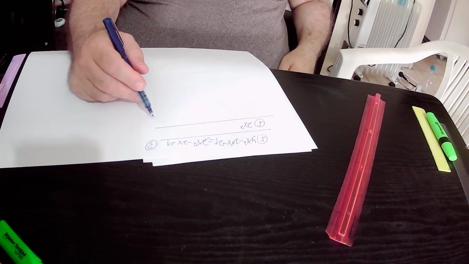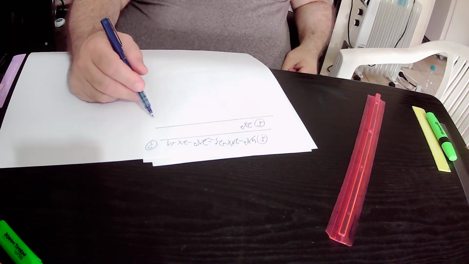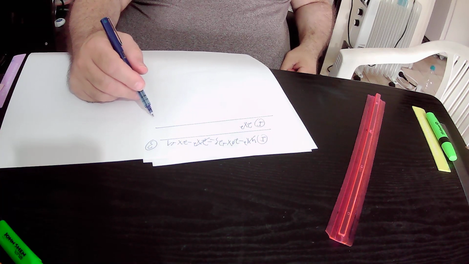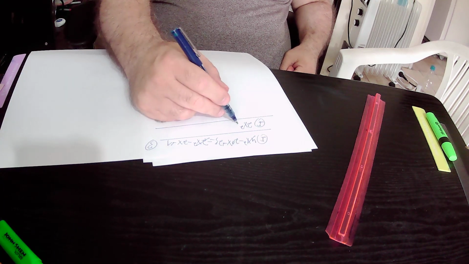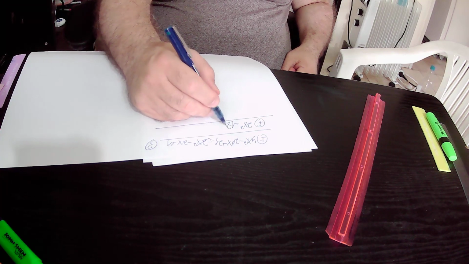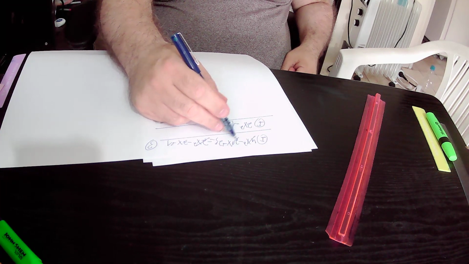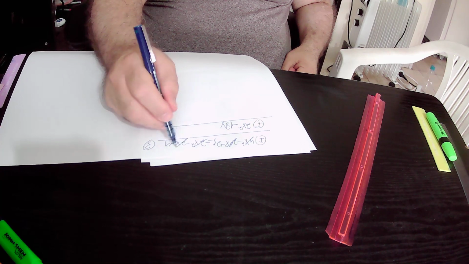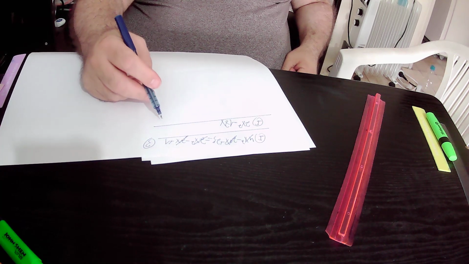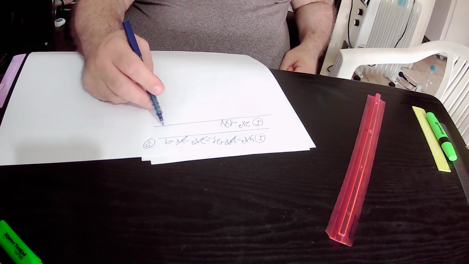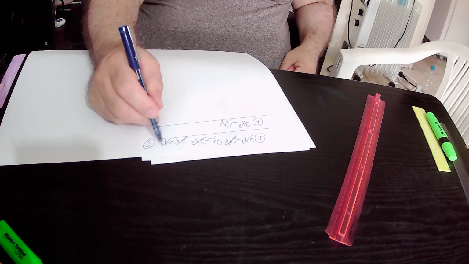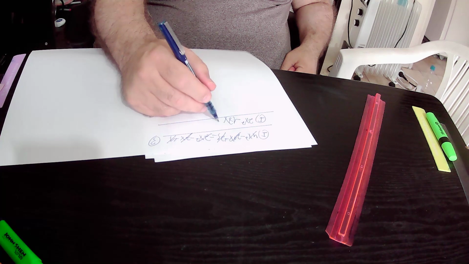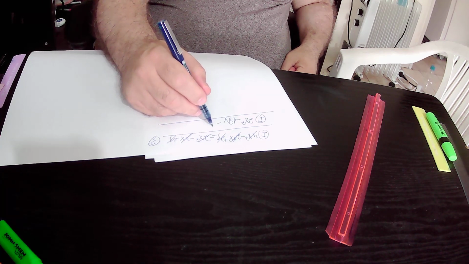So minus 20x plus 2x is minus 18x. And we will subtract 1 from this equation. So we get that 25 minus 1 is 24. That is equal to 0.